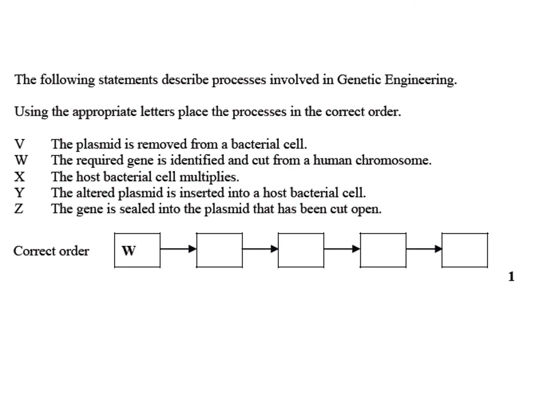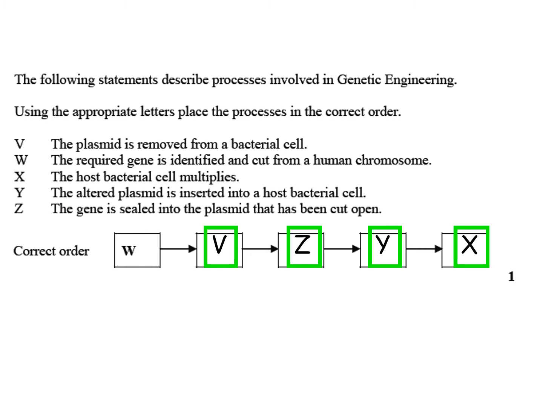The following statements describe processes involved in genetic engineering. You have to put them in the correct order. Okay, W, V, Z, Y and X. So the required gene is identified and cut from the human chromosome.